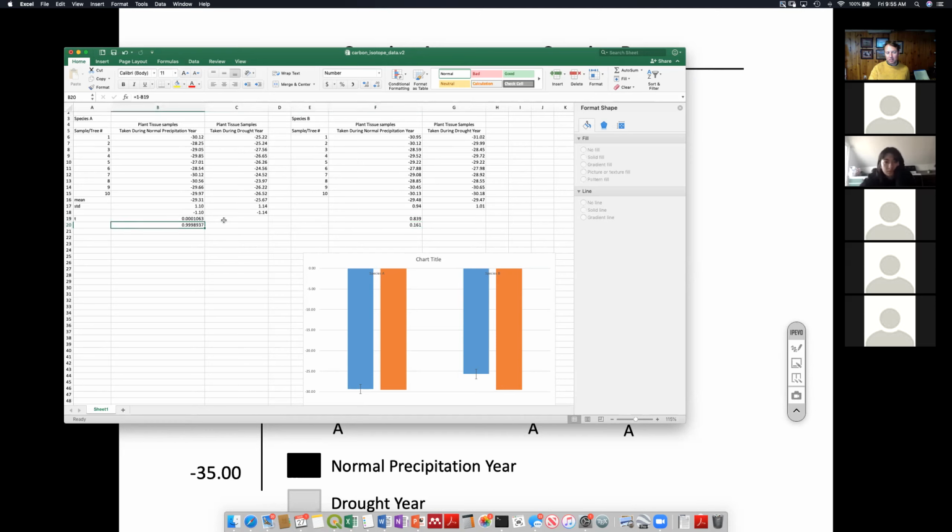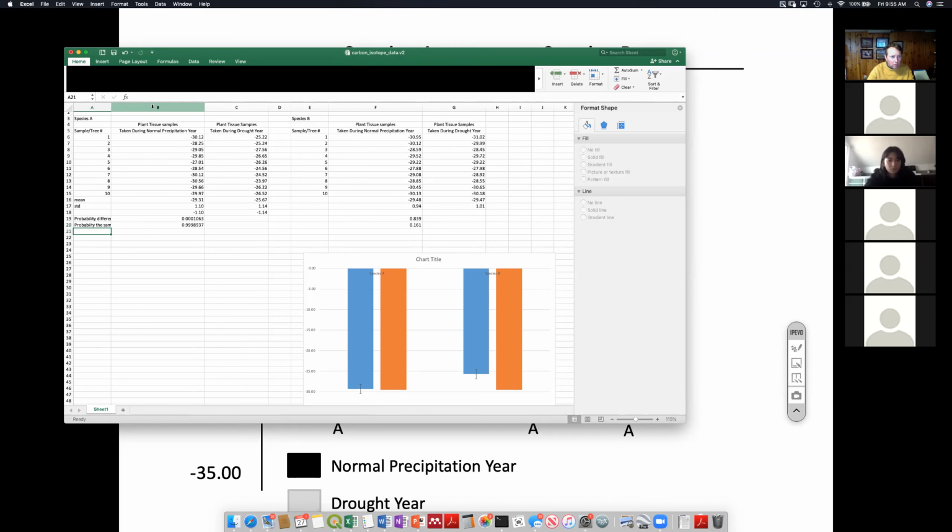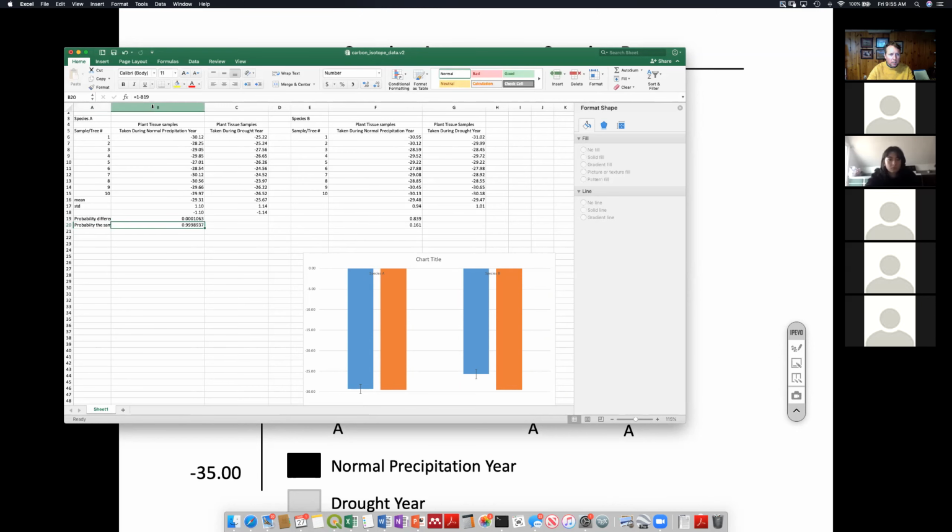The probability that these are the same populations is 99%. And to get this value, I just did 1 minus this value.